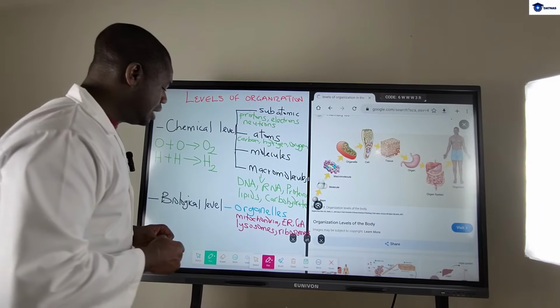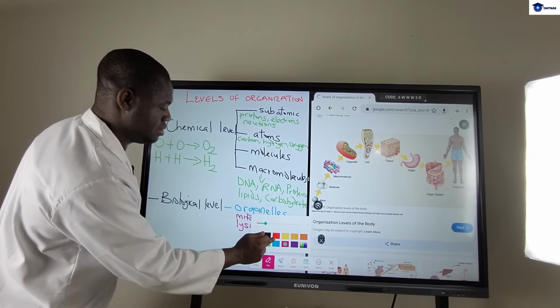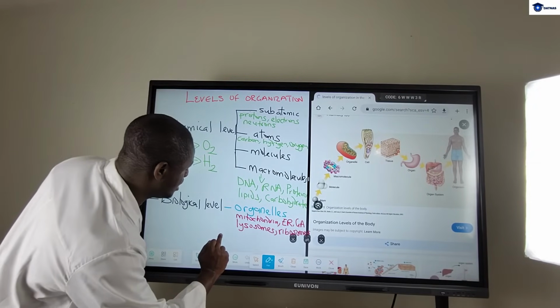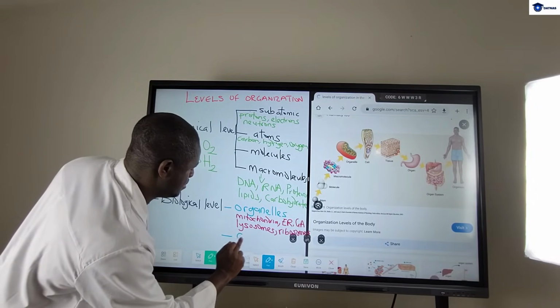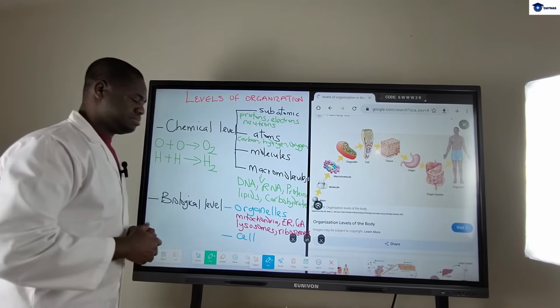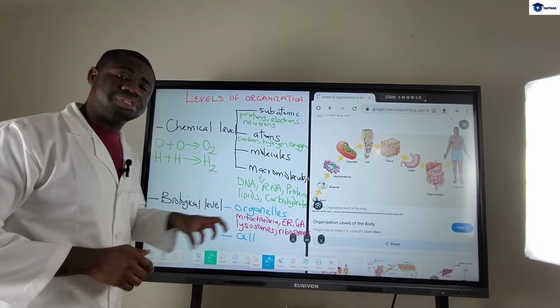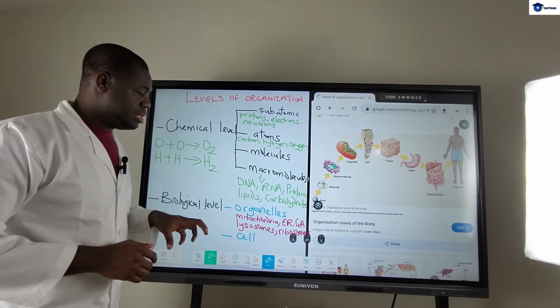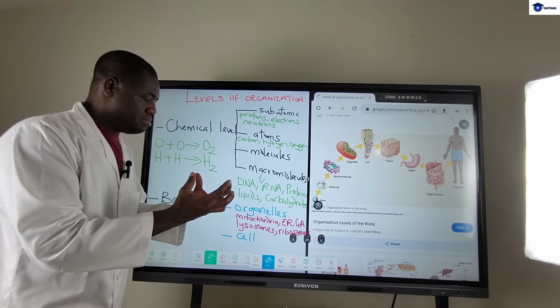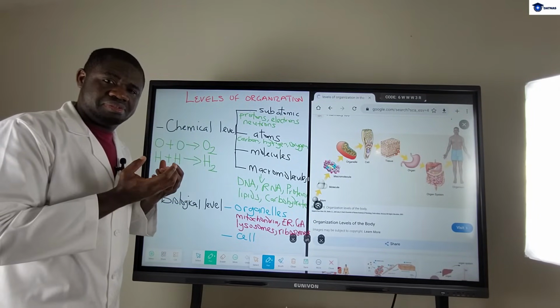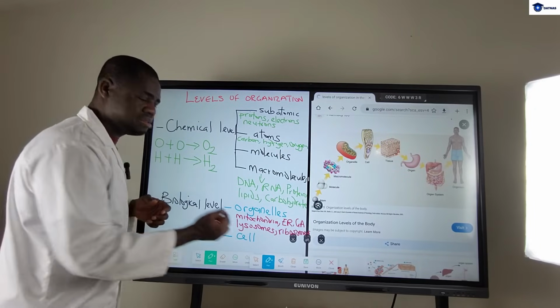Now, another state under biological level is the cellular level. Cell. That is, after organelles are formed, they come together to form a community known as cell.